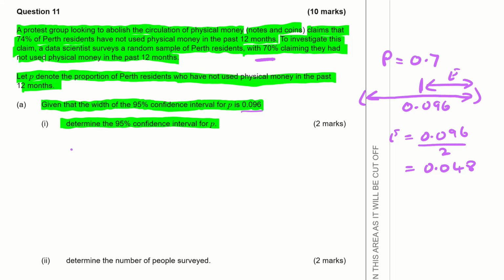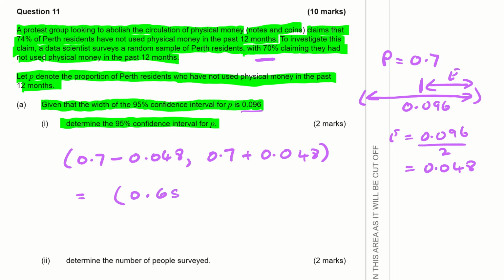And so we have 0.7 take away 0.048 and 0.7 plus 0.048, and that gives us 0.652 and 0.748.